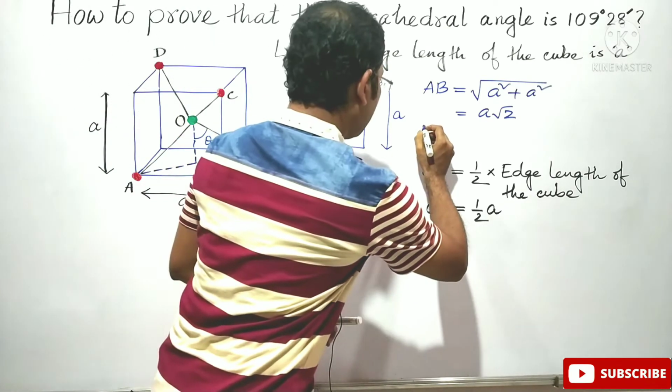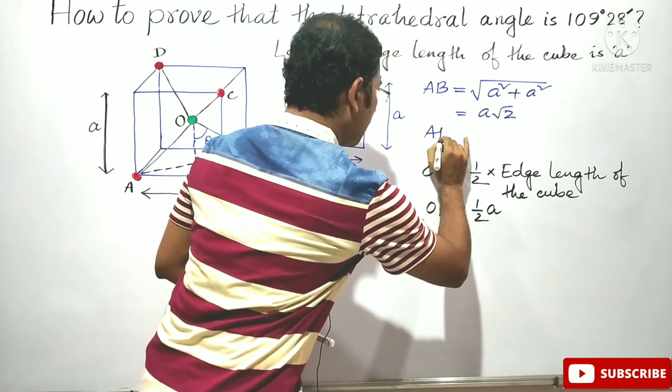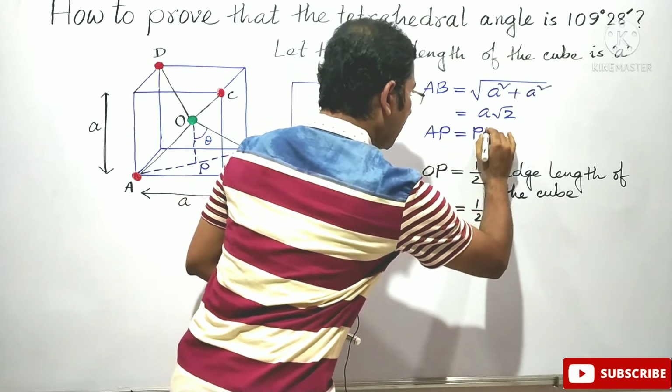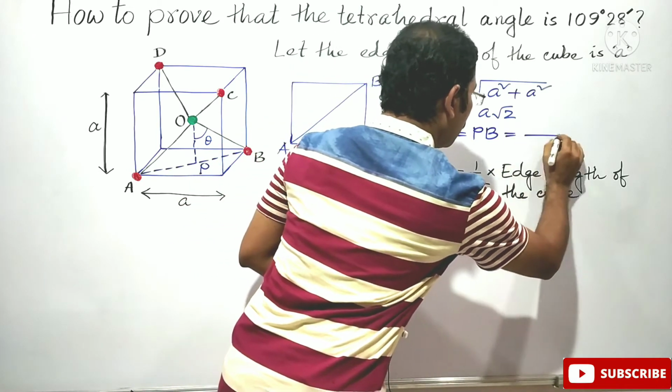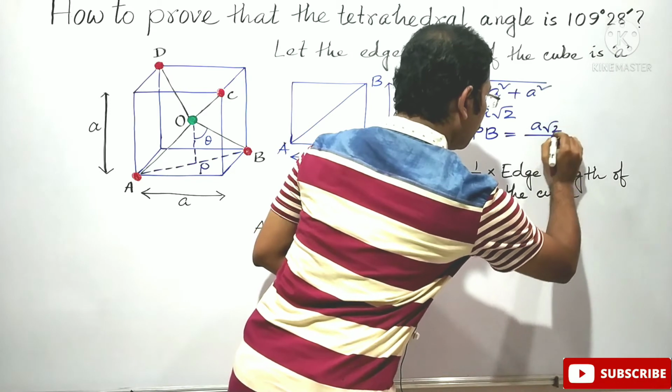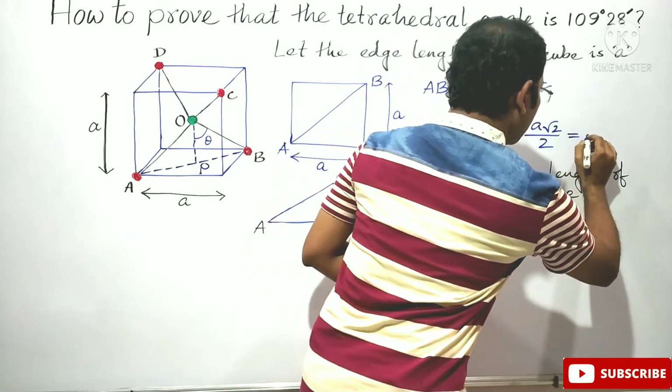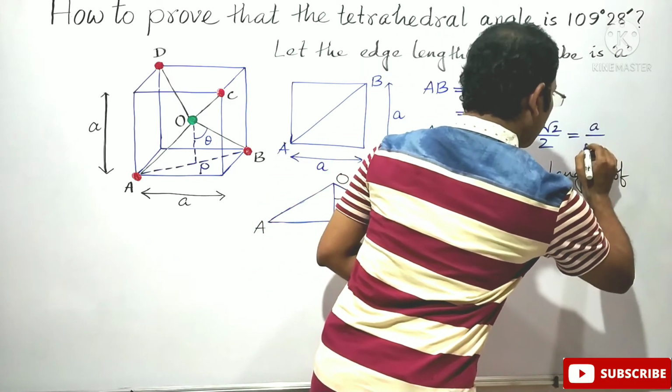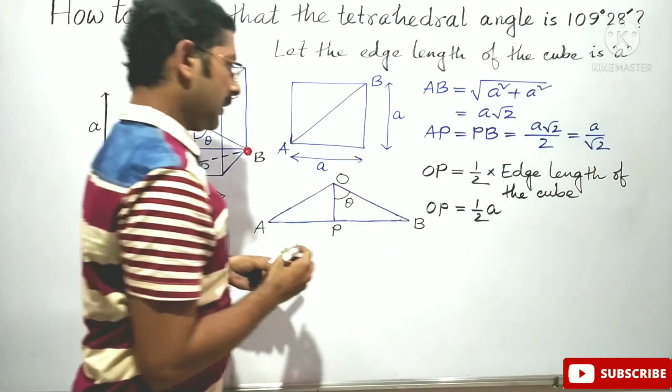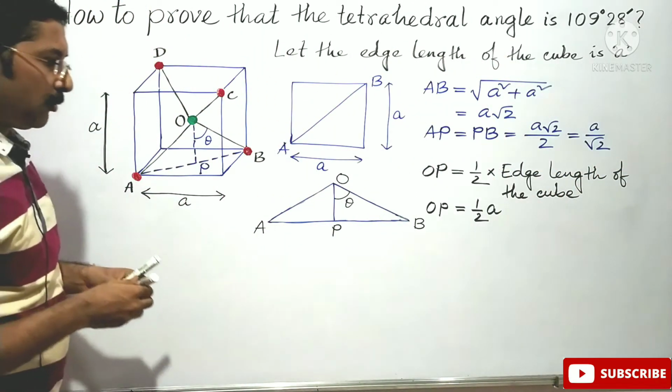So we can write AP equal to PB equal to A root 2 by 2. This is A by root 2. And OP equal to half into A.